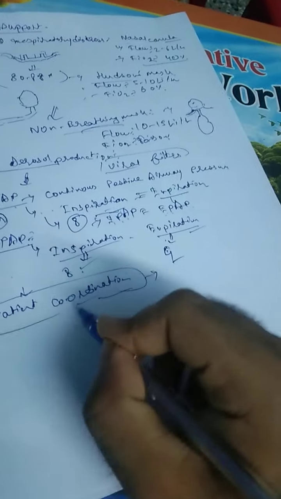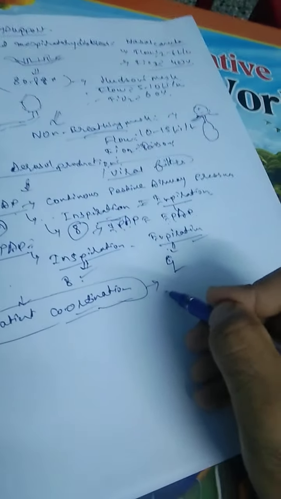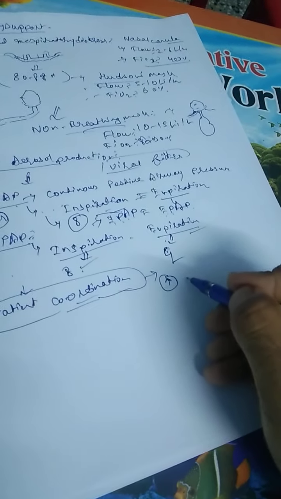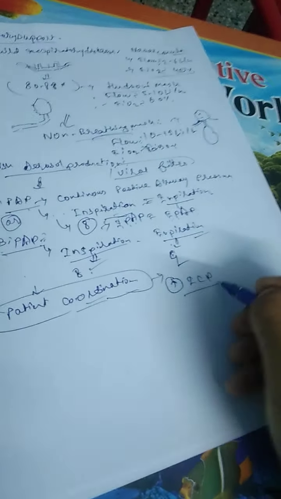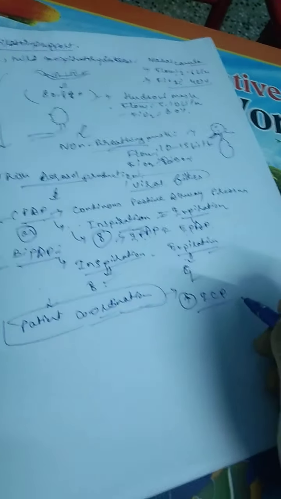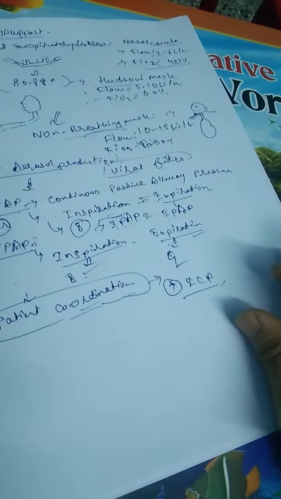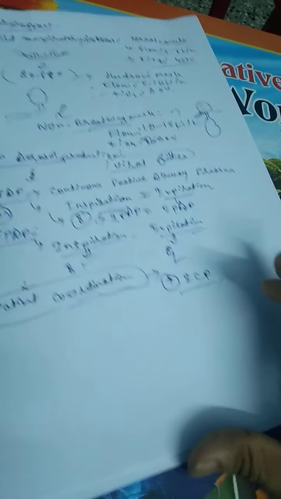Again, we have to be careful. We shouldn't use CPAP or BiPAP machines in raised ICP cases, and there are other contraindications for CPAP and BiPAP.